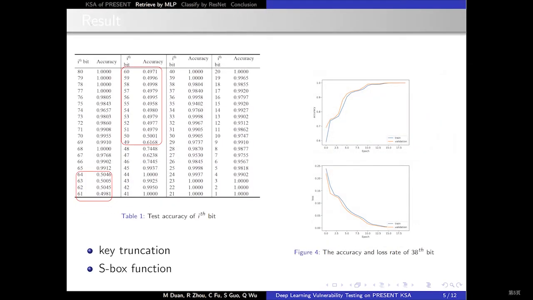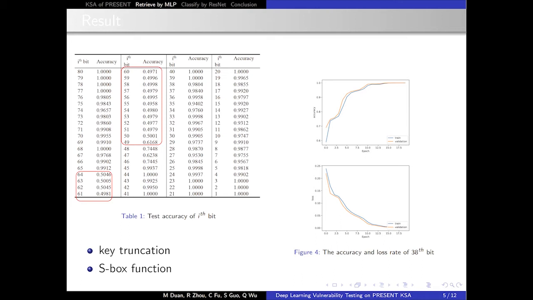About 80% of bit positions can be retrieved with probability above 0.9. For example, the 38th bit position on the right shows how its accuracy and loss change with epoch. And this table lists the best validation accuracy of each bit.